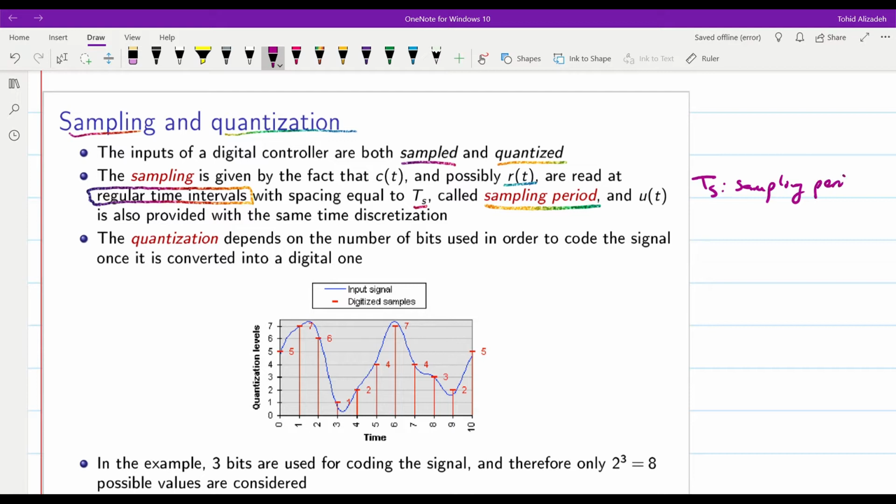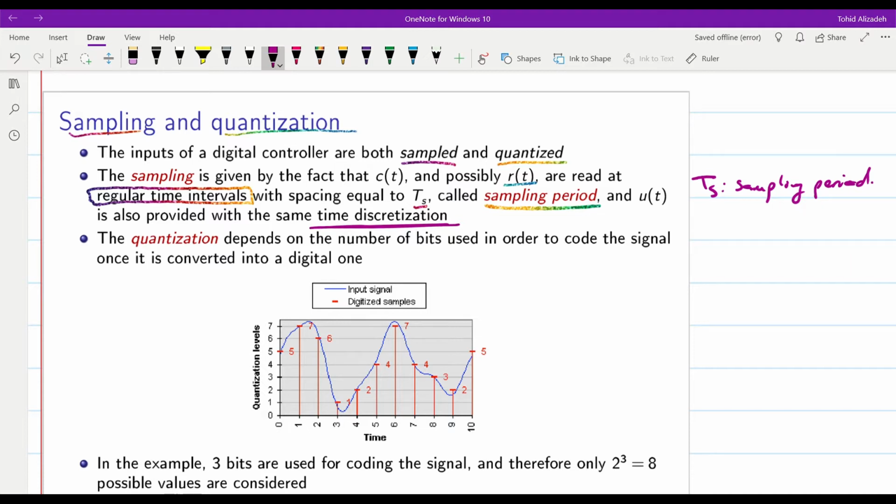It means how often the signal should be measured and provided as the input to the analog to digital converter and eventually to the controller. U of t will also be provided with the same time discretization.